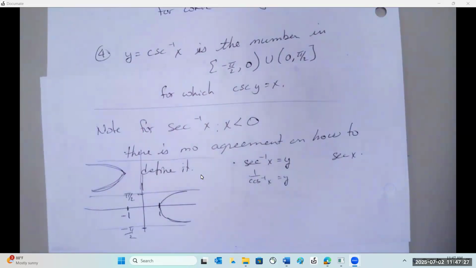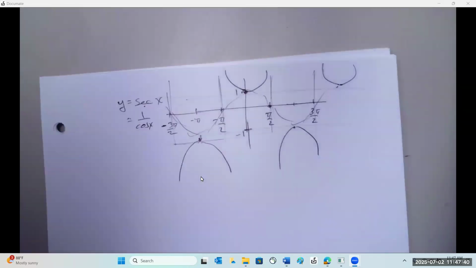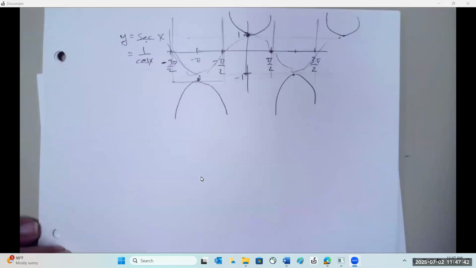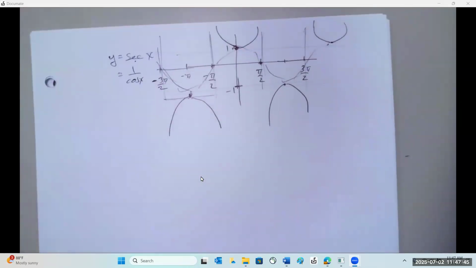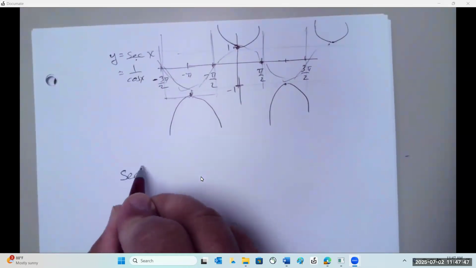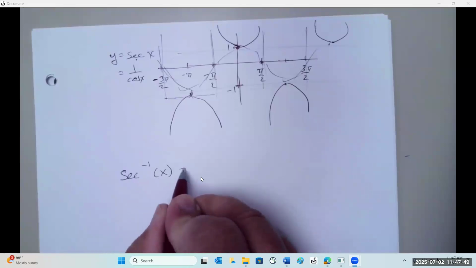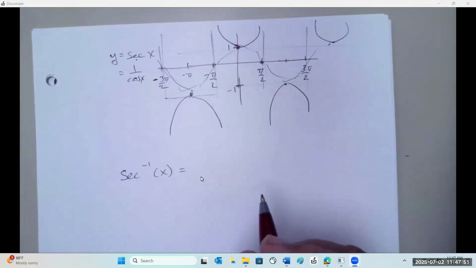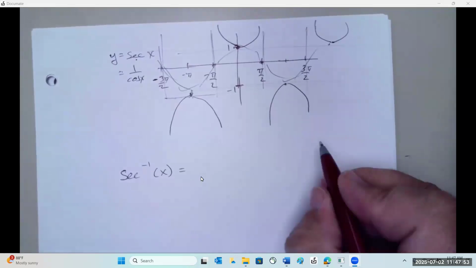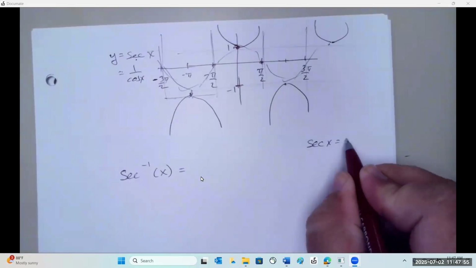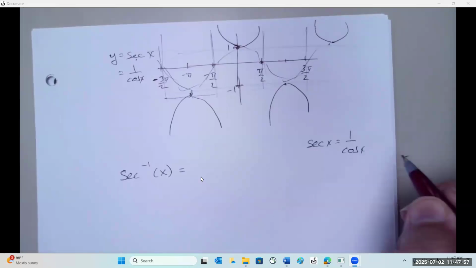Which is interesting. The way we look at it is, what does the inverse secant function graph really look like? As we were talking about earlier, remember, the secant function is 1 over cosine.